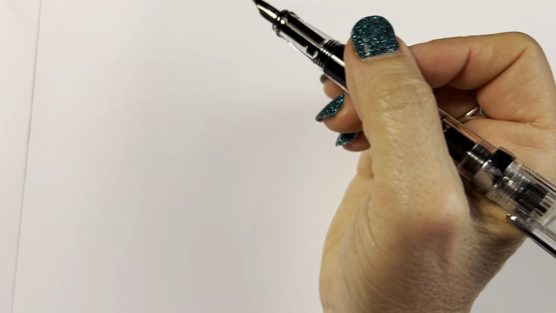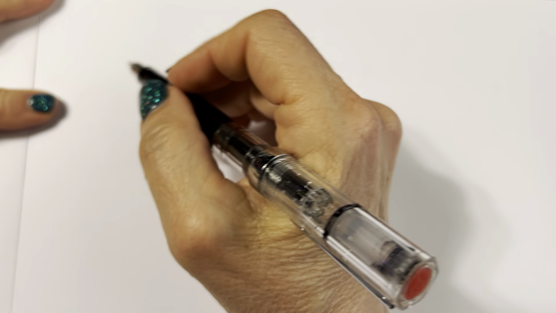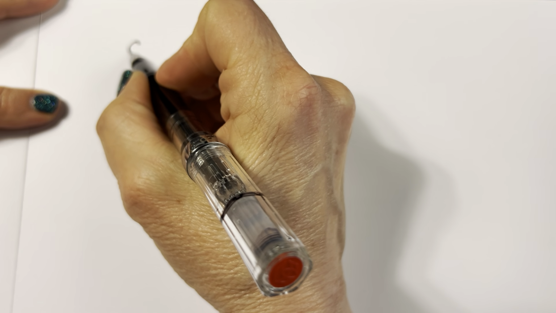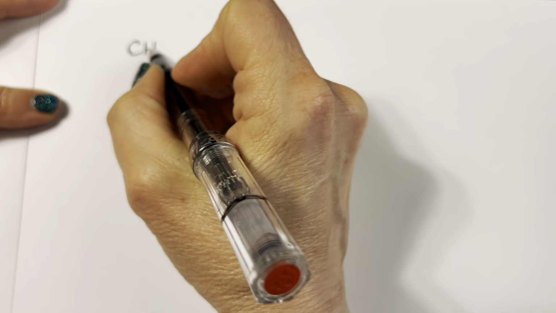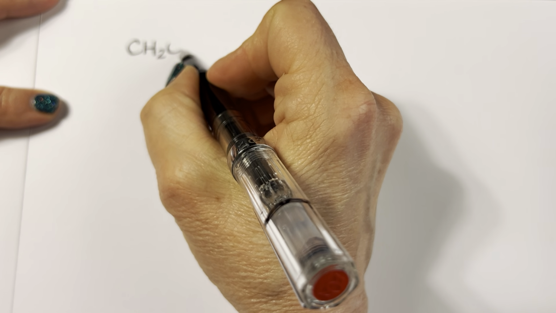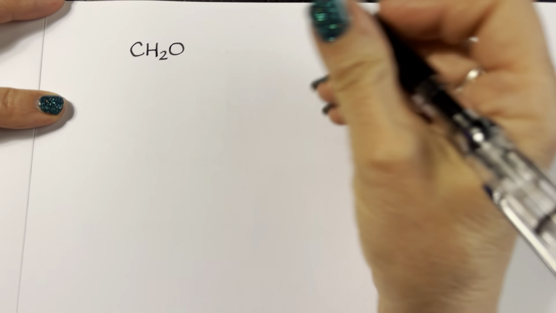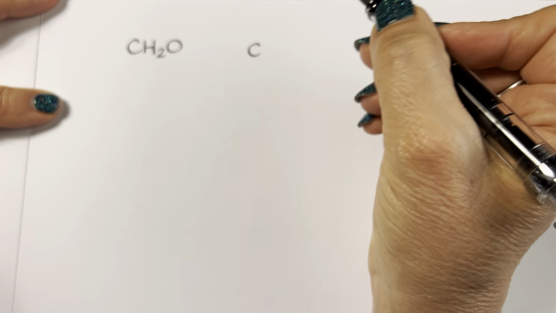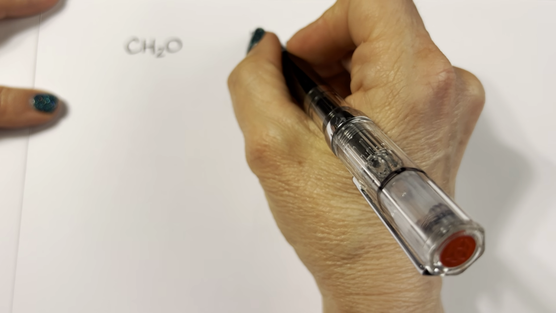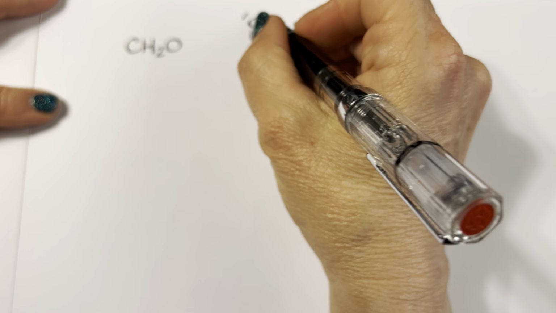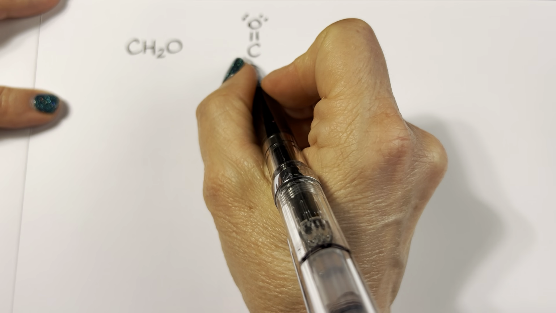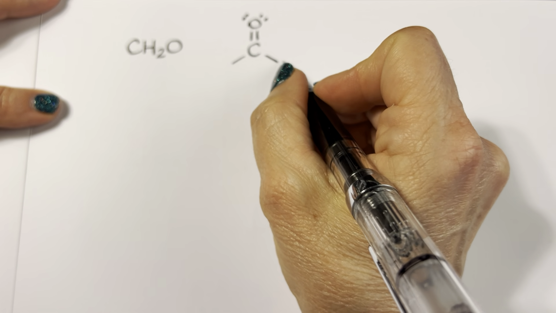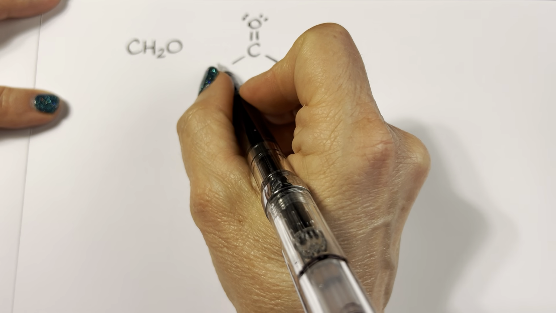So how about if we have formaldehyde, okay, CH2O. Okay, so the Lewis dot structure is double bond to the oxygen. There's the lone pairs. And sigma bonds to the hydrogens.